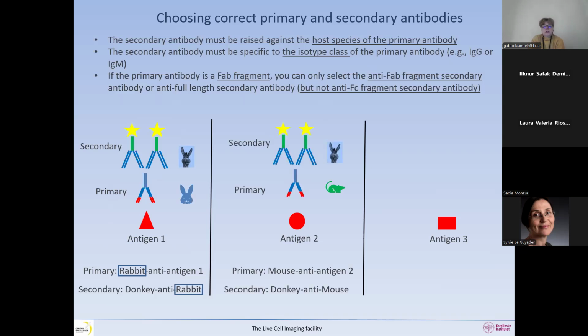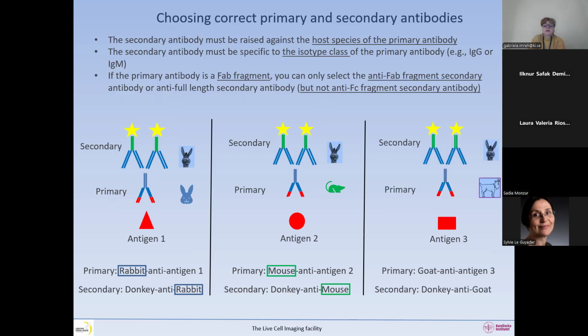If the antigen 2 antibody was raised in mouse, the secondary should be, again as an example, donkey anti-mouse. For antigen 3, where the primary was raised in goat, the secondary should be a donkey anti-goat. So please pay attention when you are selecting your primary and secondary antibody pairs.